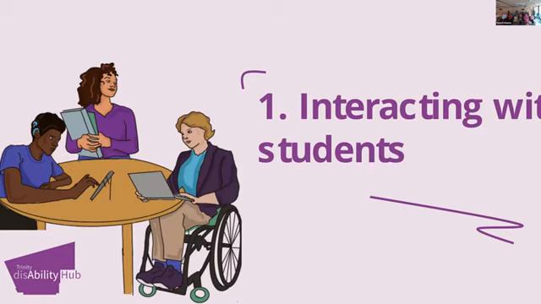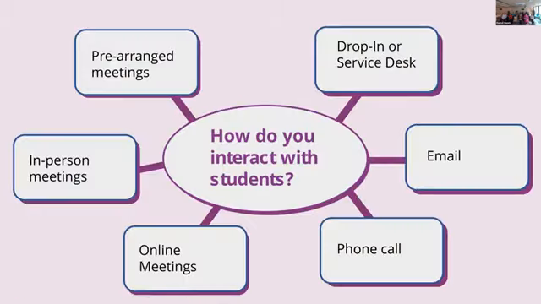So to start thinking about how you interact with students and how that can become more inclusive to disabled students, I wanted to pose the question of how do you interact with students. I have some examples: in-person meetings are probably the most common for us anyways. There's also email, phone calls, online meetings, pre-arranged meetings, and drop-in or service desk interactions.